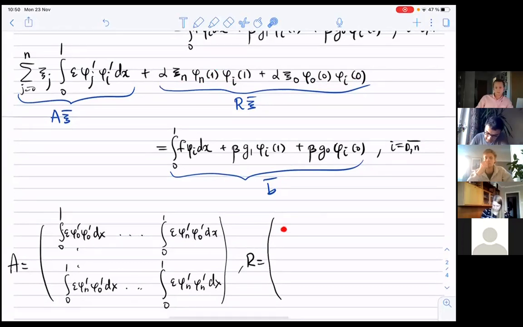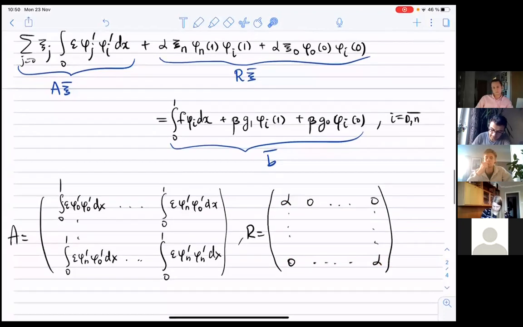And here we have alpha, and everything else is 0, and the last one is alpha as well. So everything is 0 except these two rows. In the first row the first element is non-zero, and in the last row the last element is non-zero.